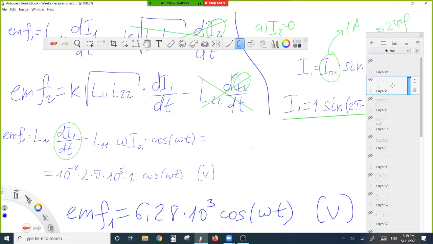So now let's compute electromotive force 2.